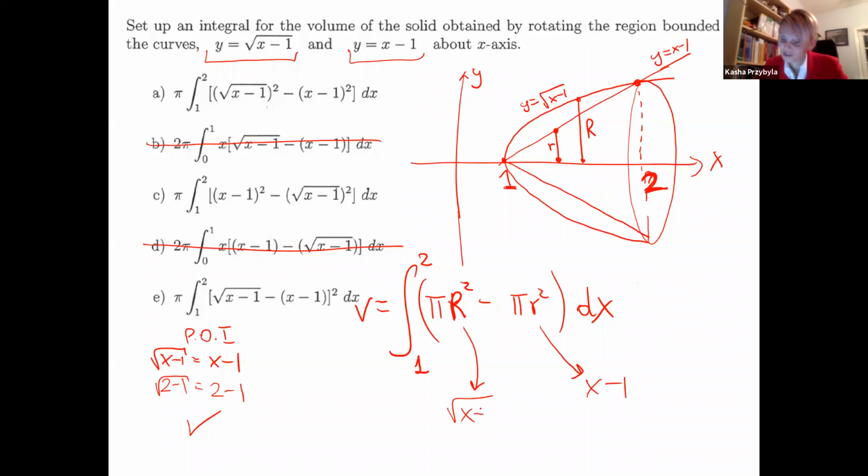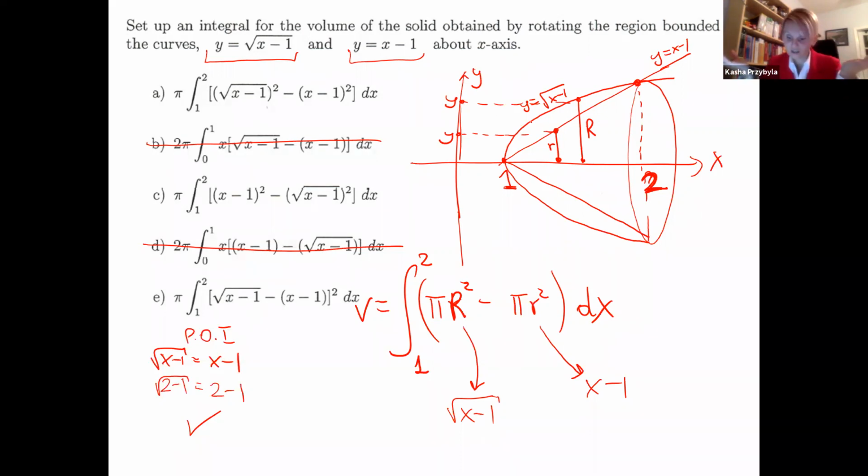Everything is in terms of x. Always when it's in terms of x, we're simply taking the formula for the function, because that's the y, the vertical distance. This is y and this is also y, so we have y minus 0, y minus 0, but we have different formulas for the function.